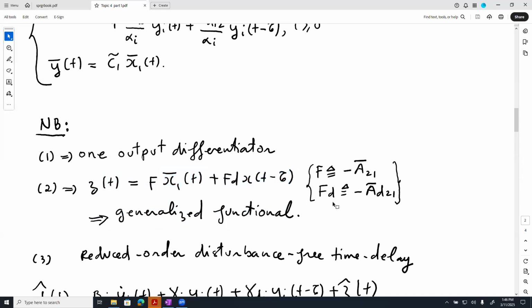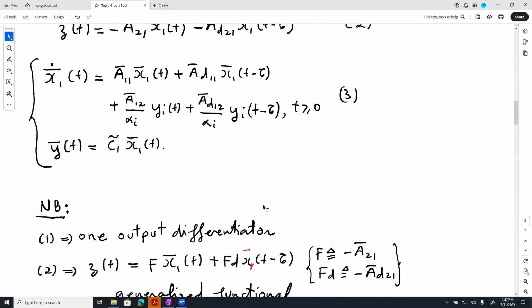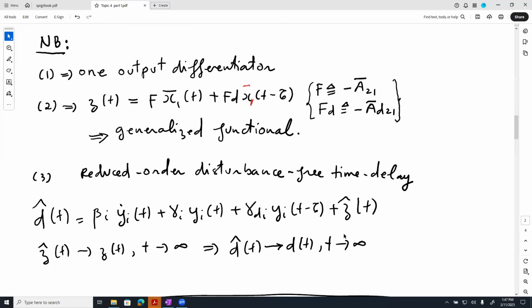By the way, this is x bar 1 in here. So it's a generalized functional, and the system itself here is a reduced order time delay disturbance-free system.